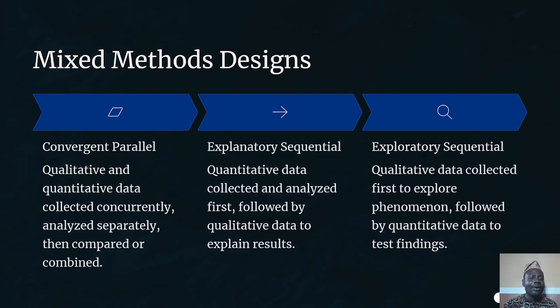In the convergent parallel, the researcher collects the quantitative data and qualitative data concurrently. Let's say the research is about the effect of a particular drug.